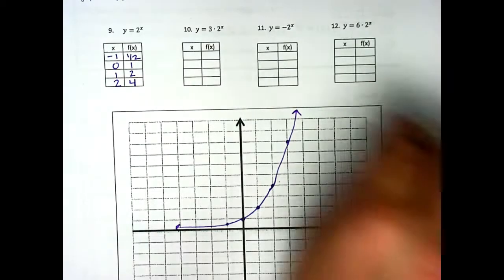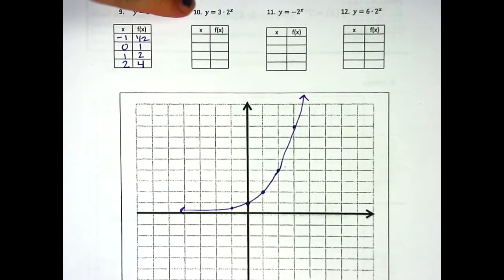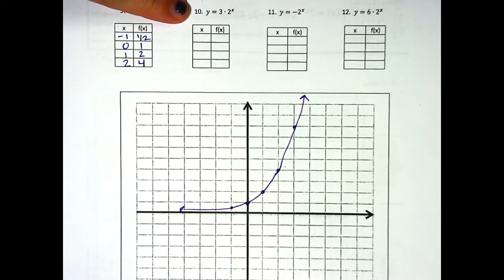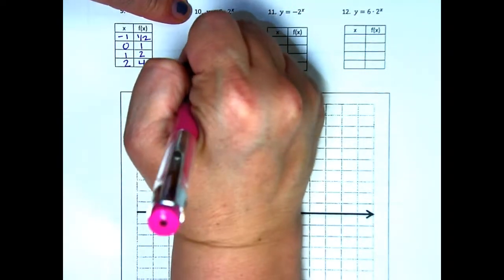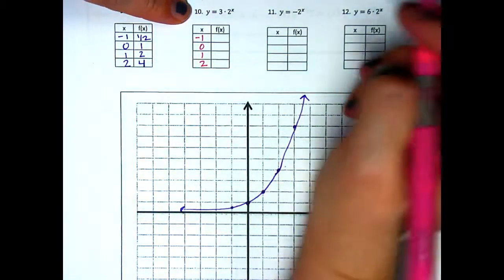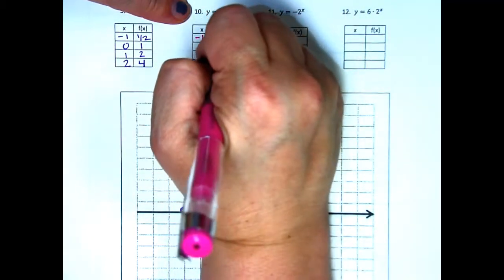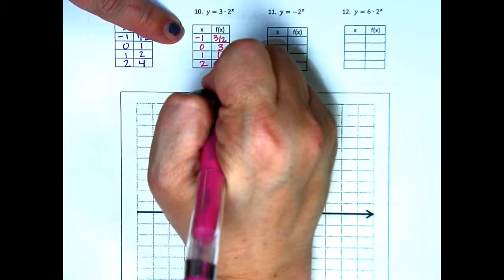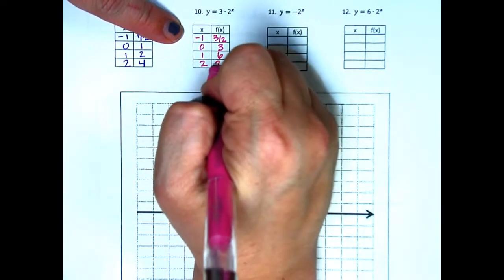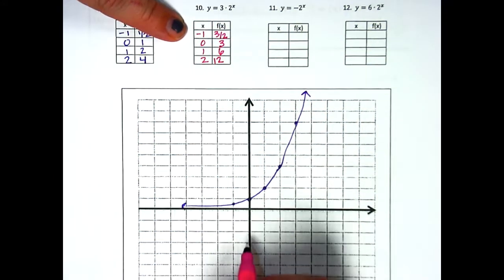Okay. My next one is y equals 3 times 2 to the x. So I'm going to do negative 1, 0, 1, 2 as my domain again. So if I plug a negative 1 in, I get 3 halves. 0 is 3. Plugging 1 in gives me 6, and 2 is 12. So I'm going to graph that.